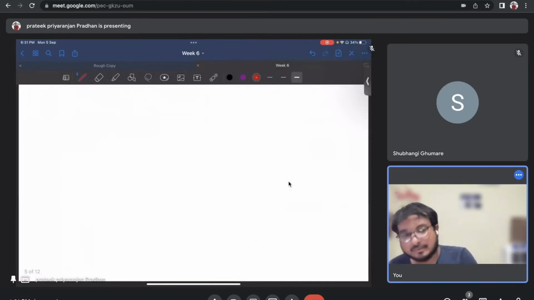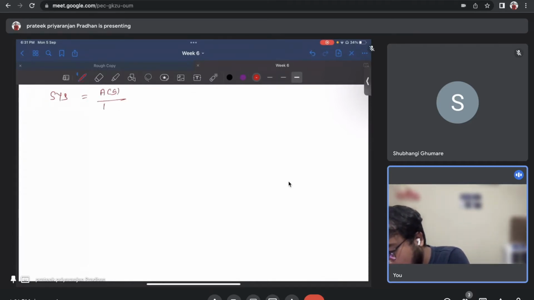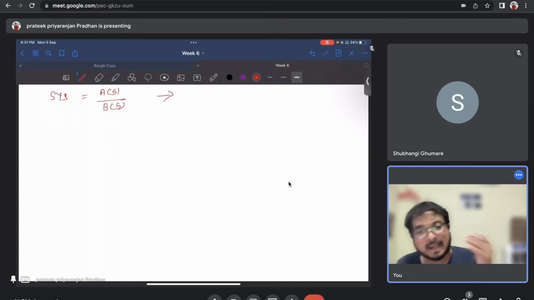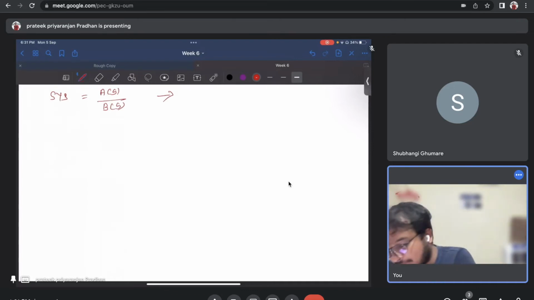I started with my system equation as A of s whole divided by B of s. When I multiply by k on the open loop transfer function, g star of s is equal to k A of s whole divided by B of s.